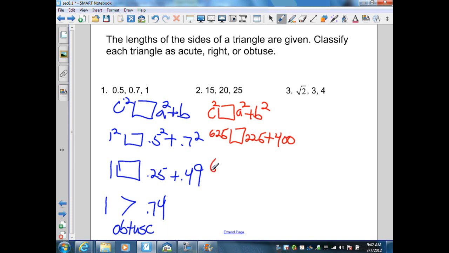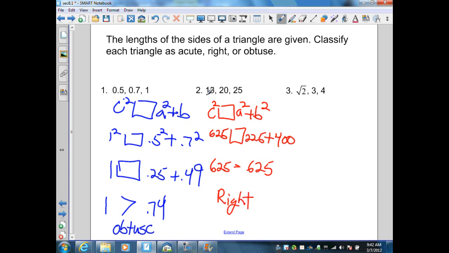Combining the right side, I get 625 equals 625. Therefore, these are equal. And since c squared is equal to the sum of the squares of the legs, this is a right triangle.